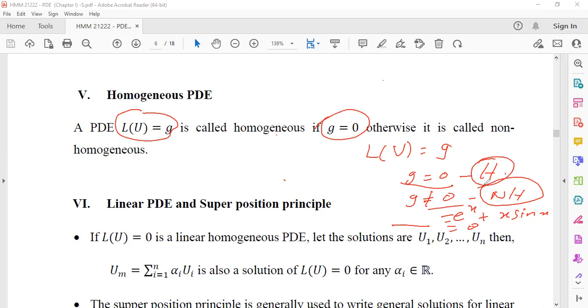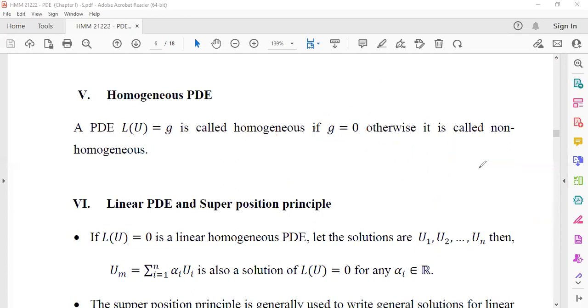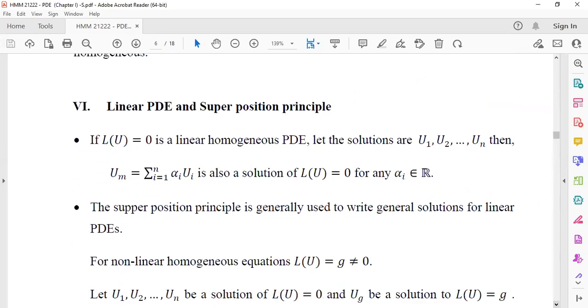So you take all the other terms to one side and the independent terms to the other side. If you have a linear homogeneous case, in the next topics we will see we end up with many solutions for one equation.